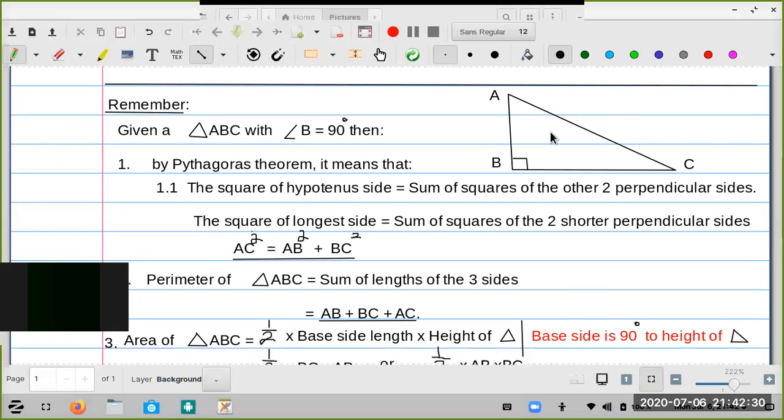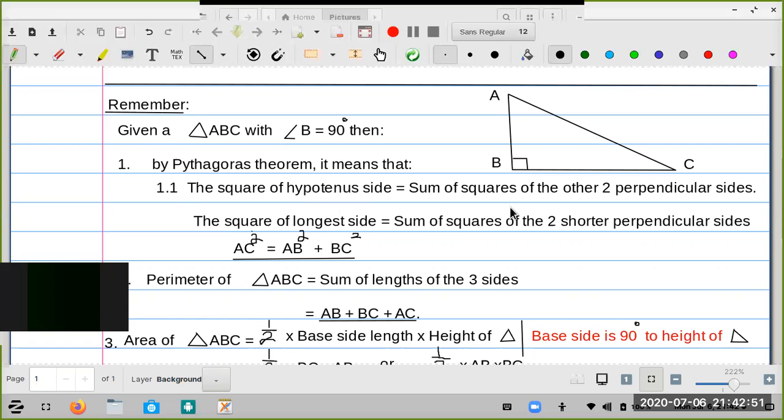Now, instead of using a hypotenuse side in this definition of Pythagoras theorem, we can make use of the longest side. Remember, the hypotenuse is the longest side because it is opposite 90 degrees.